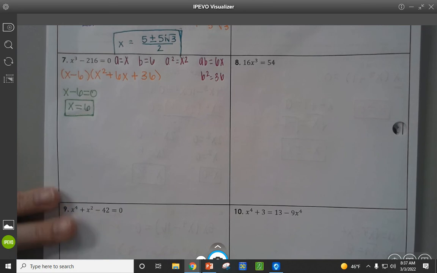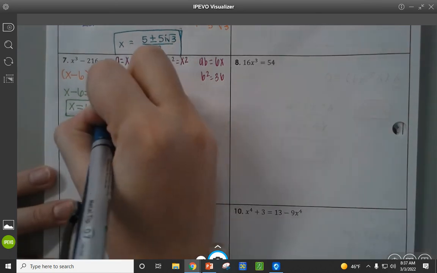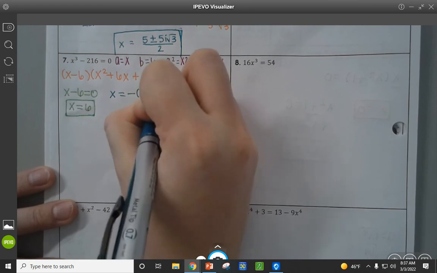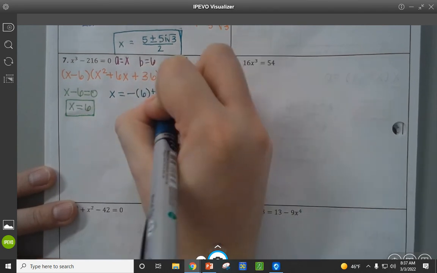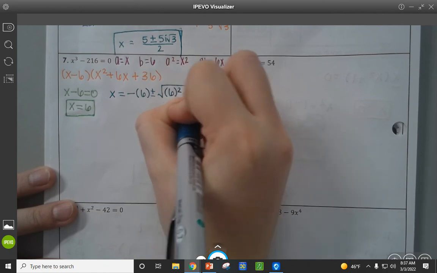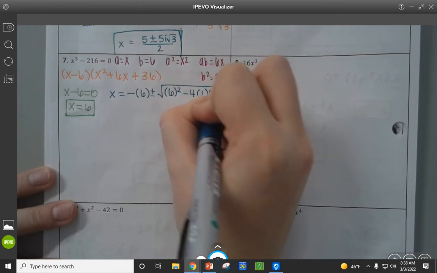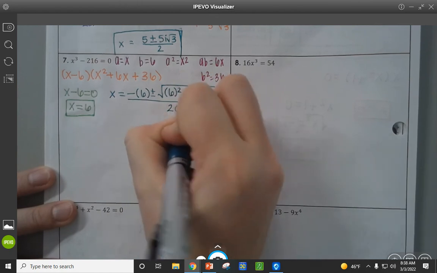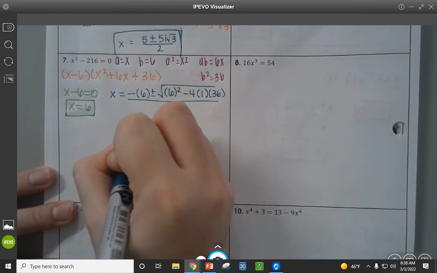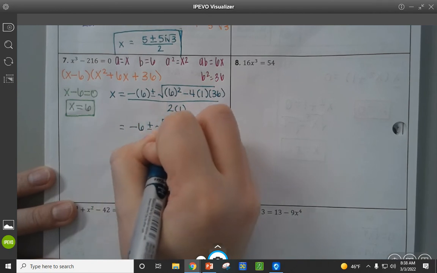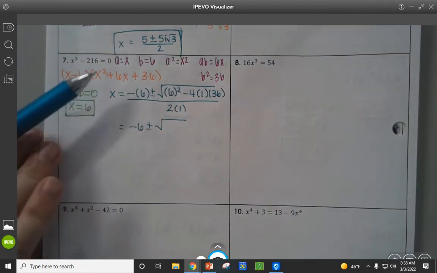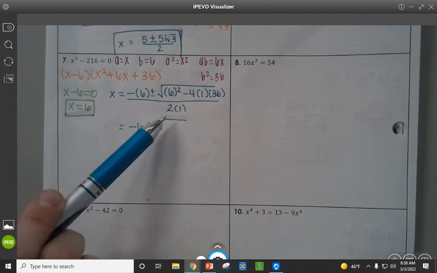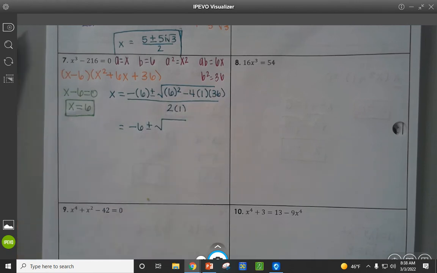Quadratic formula. So this first step, all that I did was plug in my a, b, and c. And I'm going to get my number under the square root.